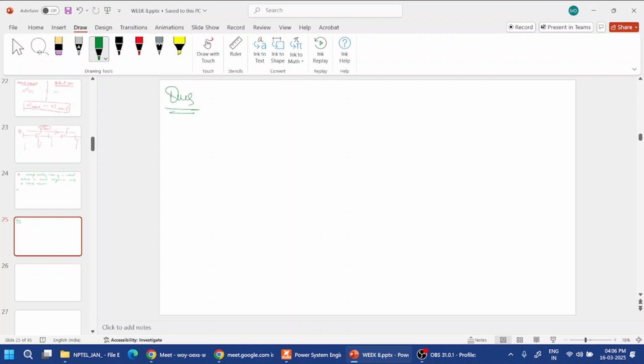So the question here is: consider the given radial distribution network. It has line data and bus data both.